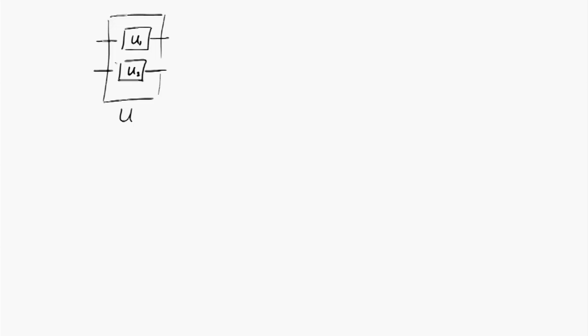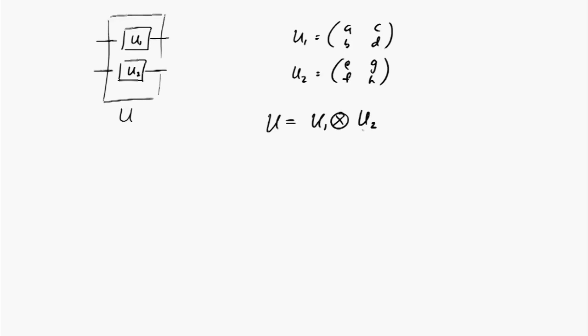So when we wrote out this unitary transformation, if U1 was A, B, C, D and U2 was E, F, G, H, then what we are really doing is we are saying U is U1 tensor U2. We are taking the tensor product of these two operators. And as we saw, U has this very nice property that we can write it as A times U2, B times U2, C times U2, D times U2.